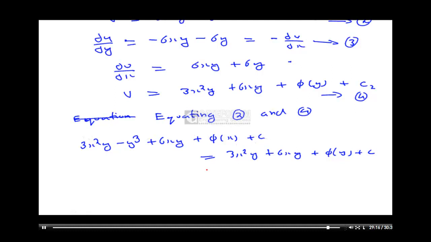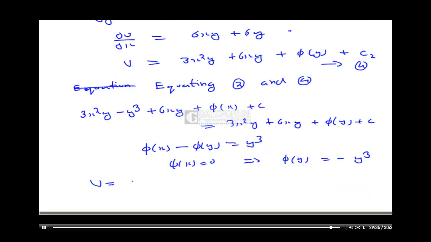From this, I'll get 5x minus 5y is equal to y cube, which gives 5x equal to 0, implies 5y equal to minus y cube. Thus, my v will be 3x square y minus y cube plus 6xy plus some constant.